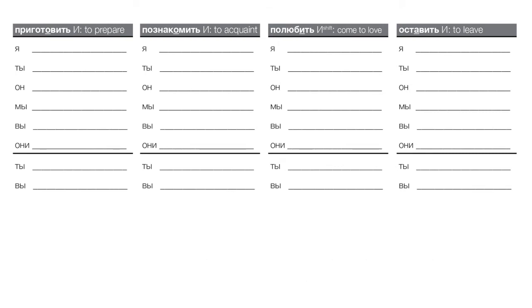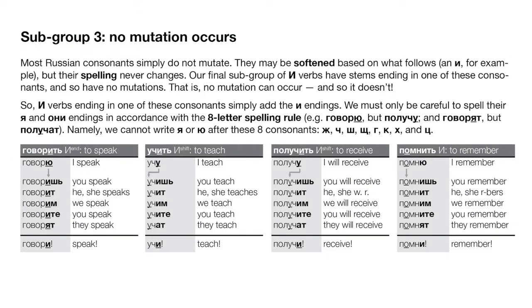Okay, subgroup number 3, just because of the verb, or because it happens to have a stem ending in р or ч or н, for example, no mutation is possible, and so we don't get a mutation anywhere, including in the ya form. Right? Now note that we will typically preserve the softness of the consonant unless some spelling rule intervenes to tell us we can't write, for example, a ю. So let's look at these examples.